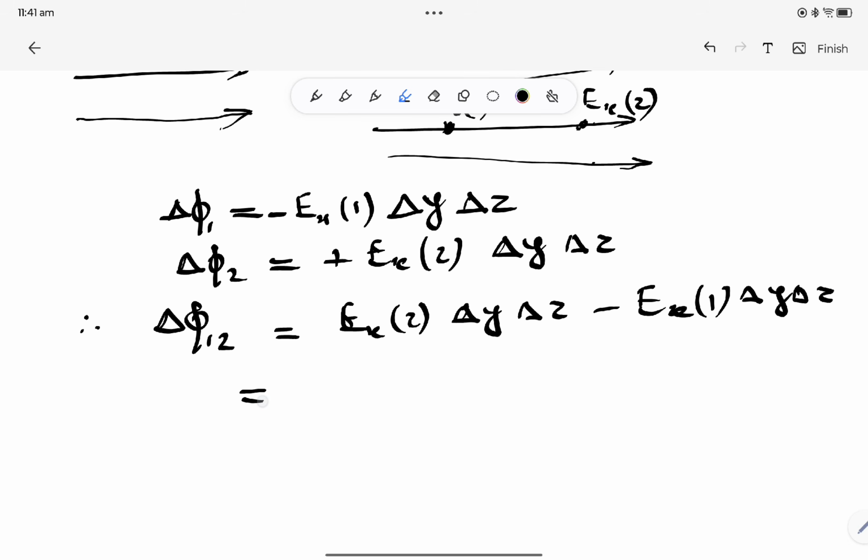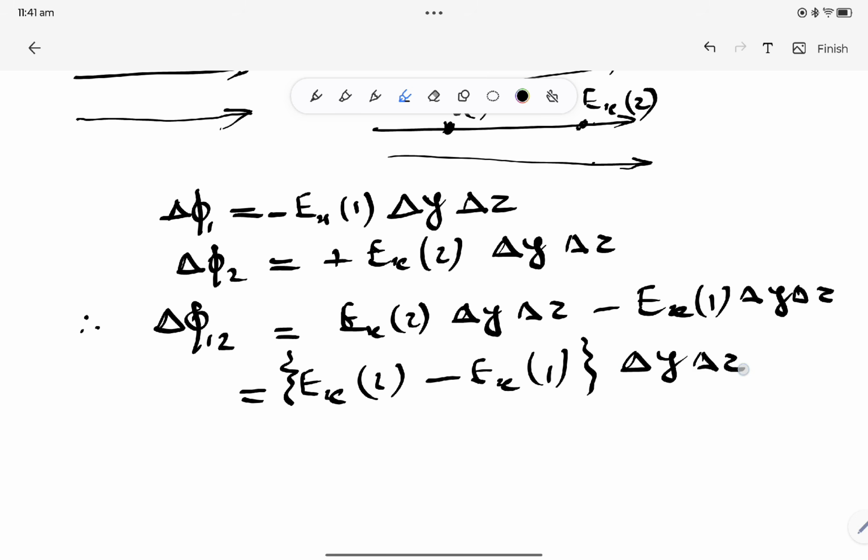That is equal to Ex2 minus Ex1, delta y, delta z. Now, the electric field varies along the x-axis. Suppose Ex2 is more than Ex1. It could be less, it could be more. That depends upon its rate of change.